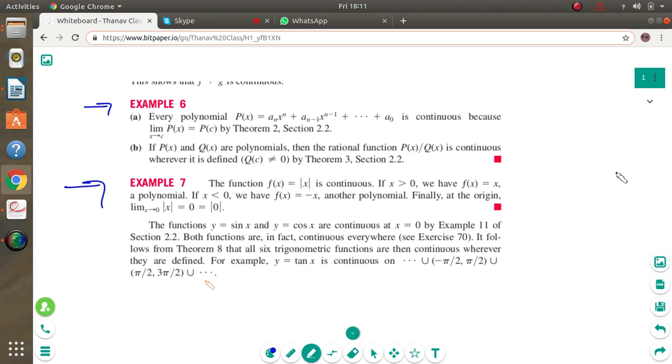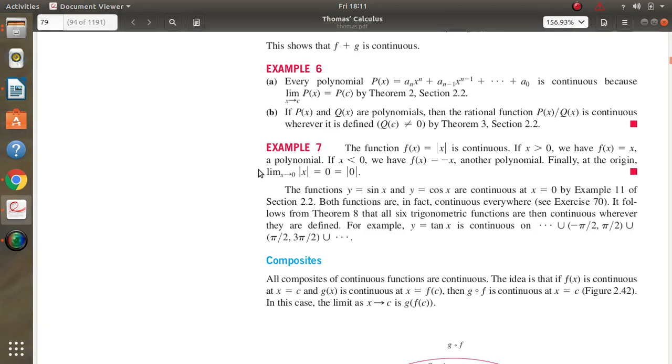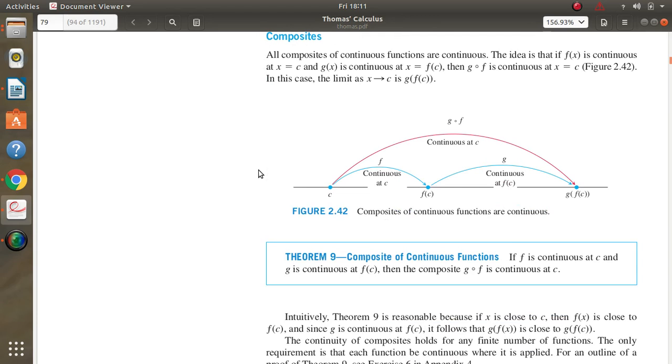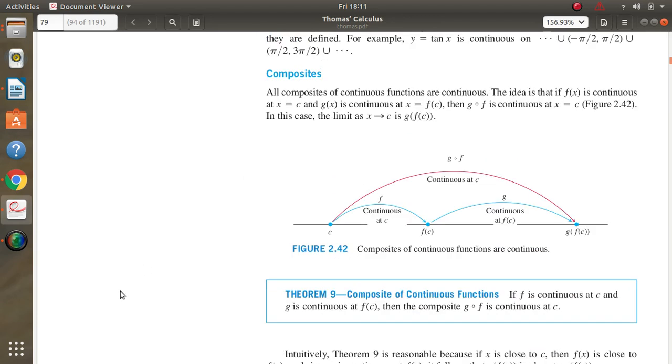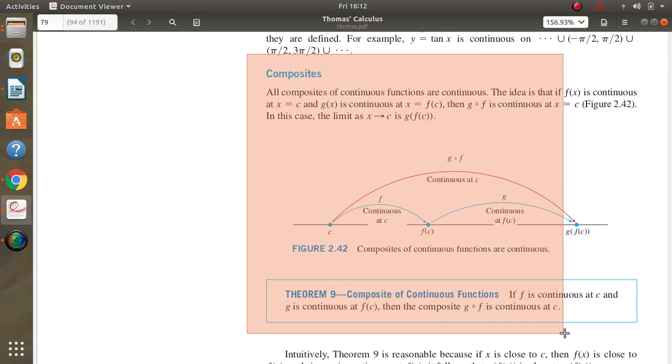We have, finally, at the origin. Right. Function y equals sin x minus cos x. Example 11.